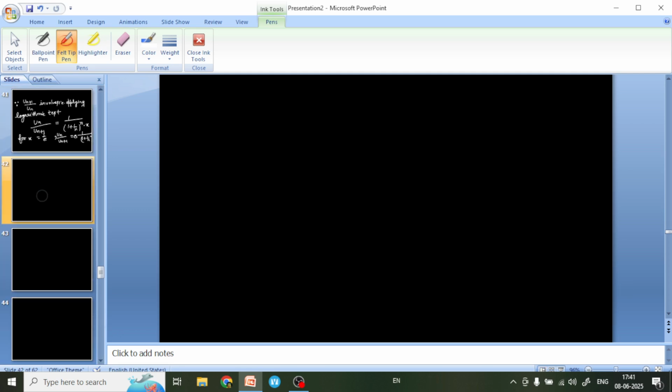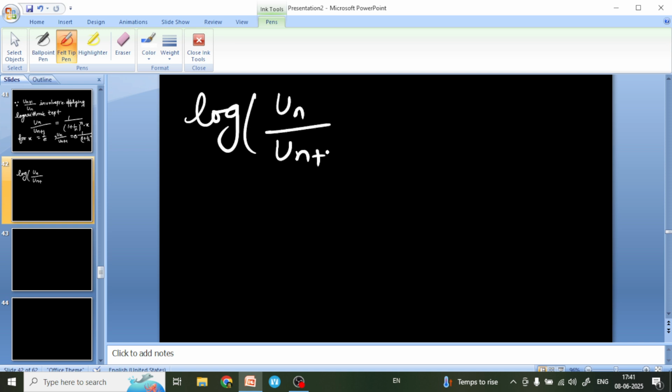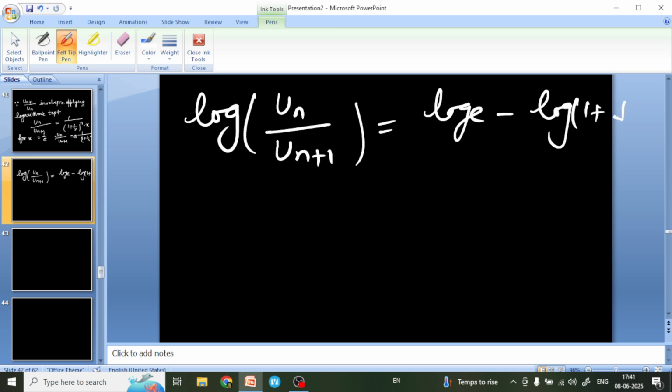and when we take log, log of u(n) over u(n+1) equal to log e minus log of (1 plus 1 over n) whole power n.